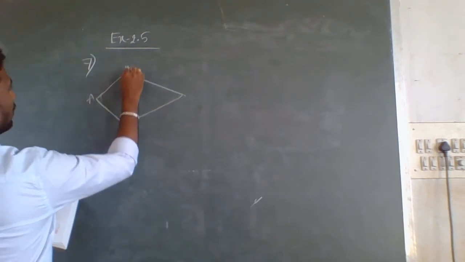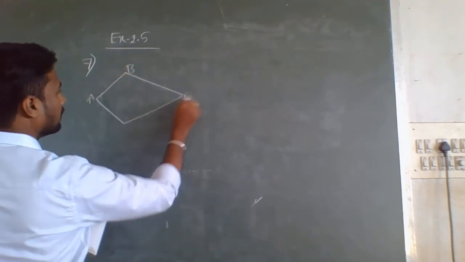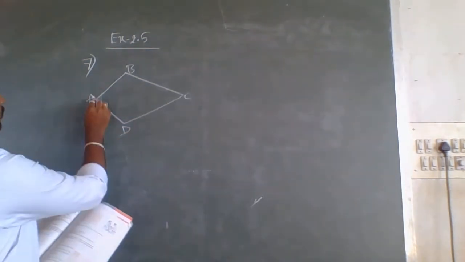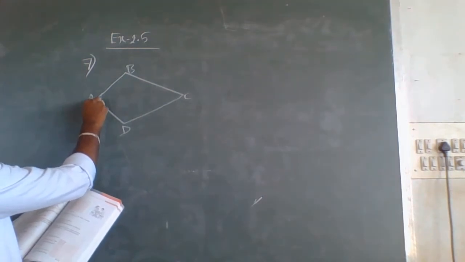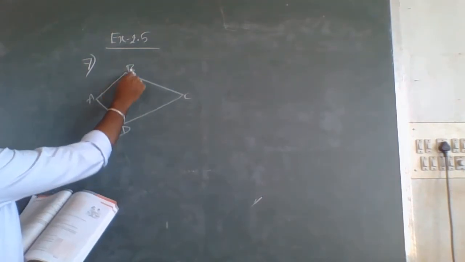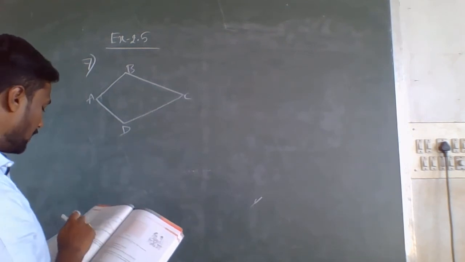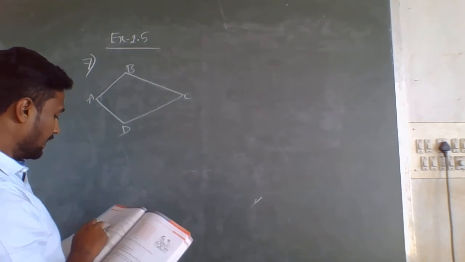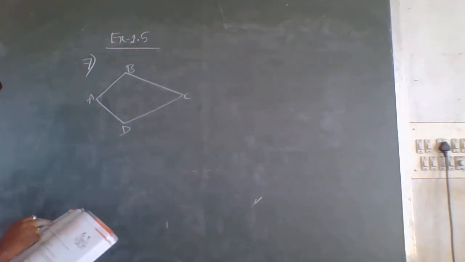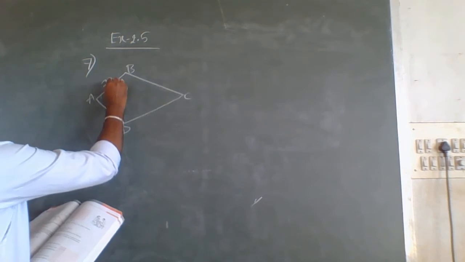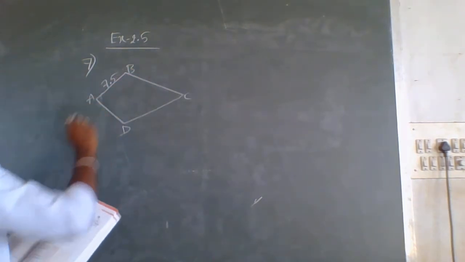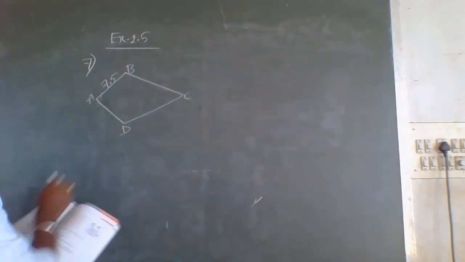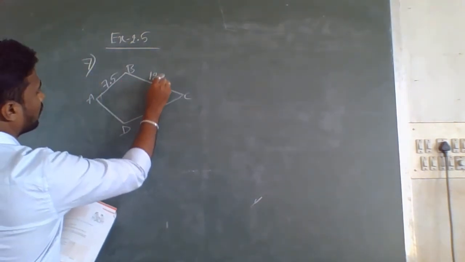This is point A, this is B, this is C, this is D. Dinesh went from A to B and from B to C. A is 7.5 kilometers from B. This is 7.5 kilometers. And B is 12.7 kilometers from C, B to C 12.7 kilometers.